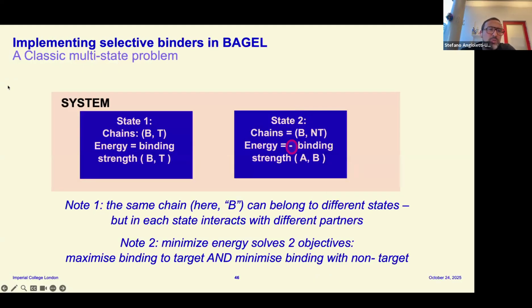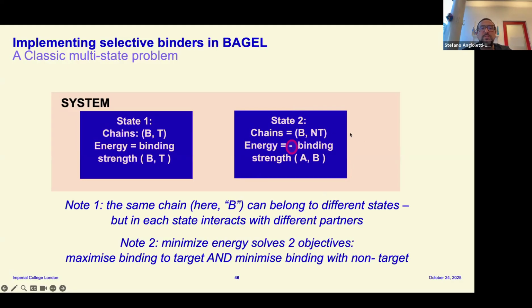Okay, so how do we do this? You prepare a system with two states. In state one, you just put the two chains: the chain of the binder, B, and the chain that corresponds to the target. In state two, you put the chain of the binder and a series of chains, NT. NT now is not a single chain.